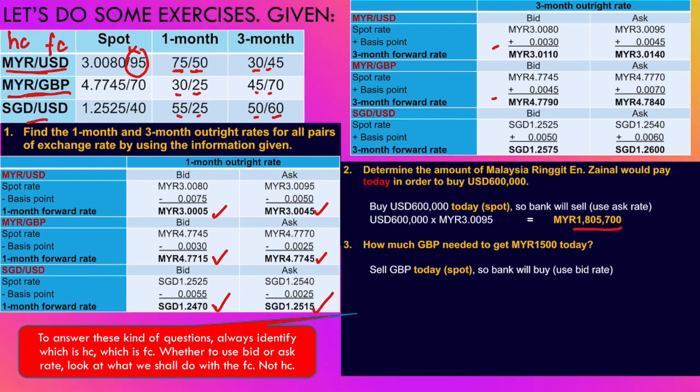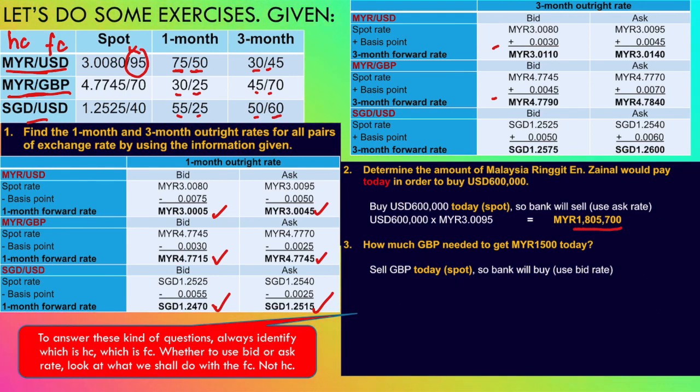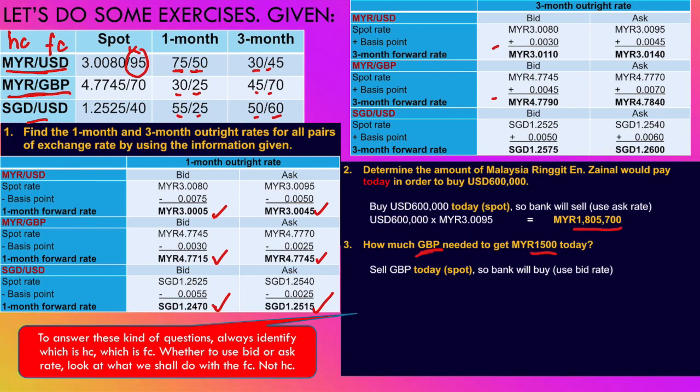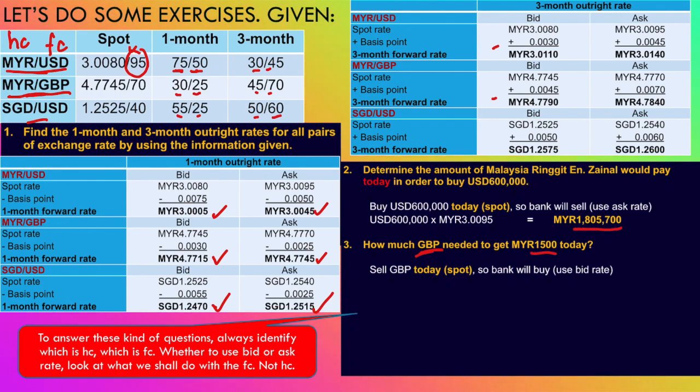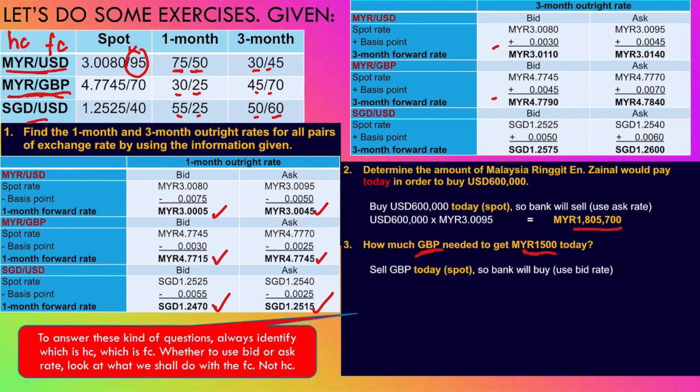So the customer needs to buy 1,500, and to buy GBP. How much GBP needed to buy 1,500. So this one is foreign currency, is GBP. So bank will buy the GBP.